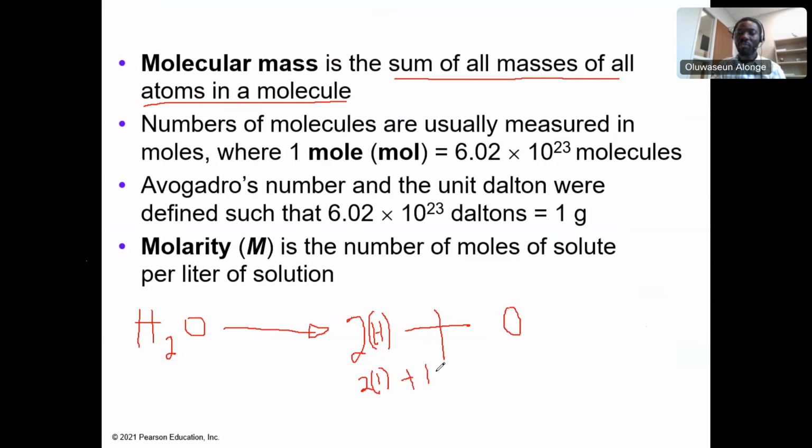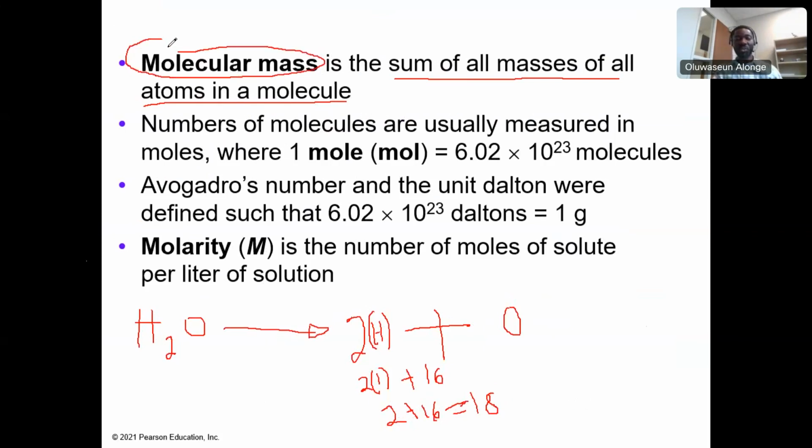We know that H is 1. Oxygen's atomic mass is 16, whereas its atomic number is 8. So that will be 2 plus 16, which is going to make 18. So this is the molecular mass of water.